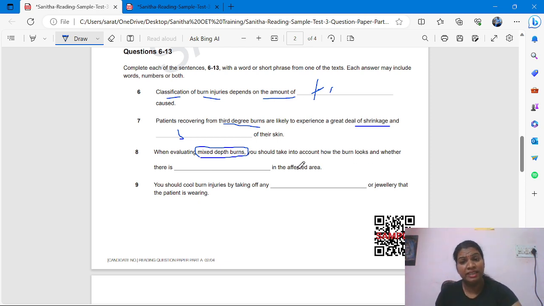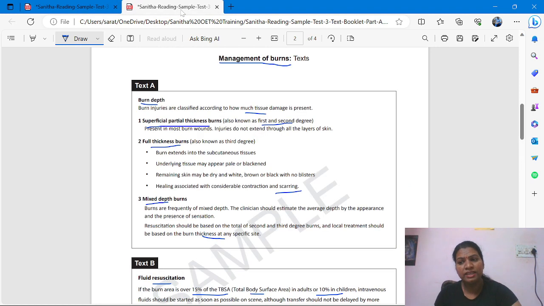In mixed burns, the clinician should estimate the average depth by the appearance and the presence of sensation.